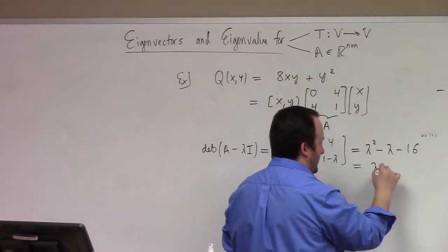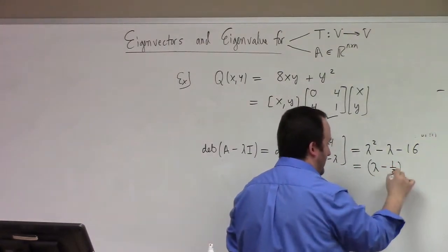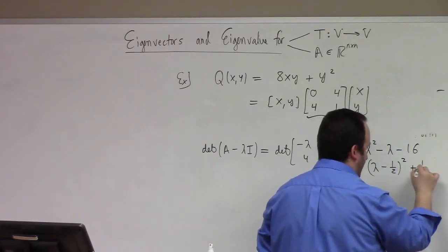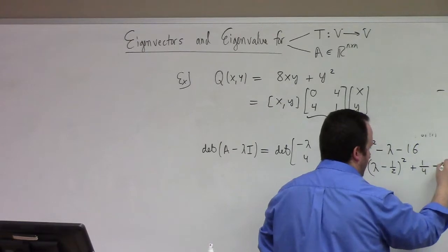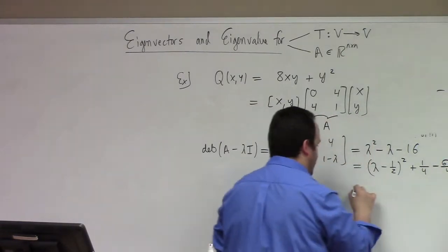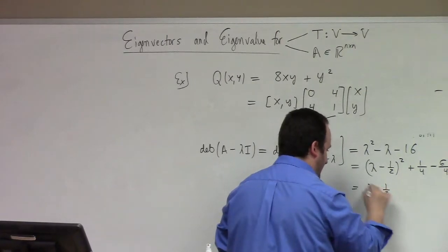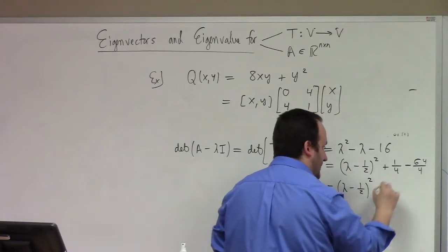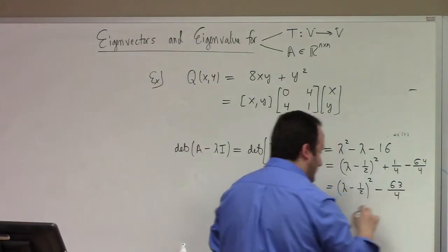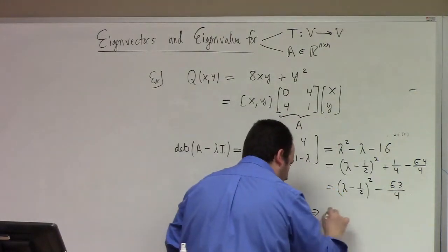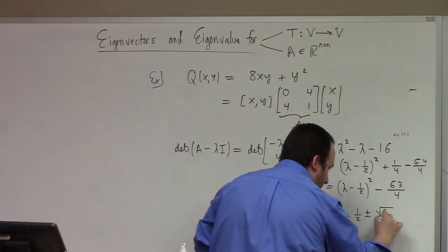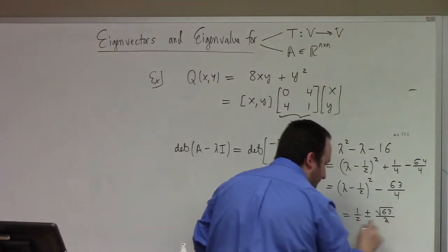But this is lambda minus 1/2 quantity squared plus a fourth minus 64 over 4, yeah? So that's lambda minus 1/2 squared minus 63 over 4. So I can tell you that lambda is equal to 1/2 plus or minus the square root of 63 over 2.